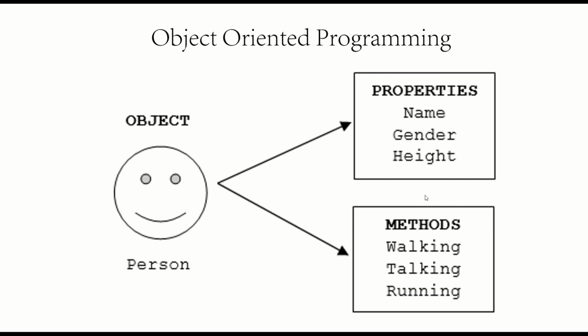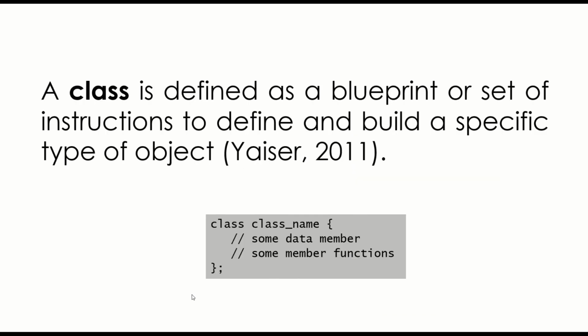We also have the methods, or what we call functions: a person can walk, can talk, and can run. These are the composition of a class. These are the data members, and these are the methods. In fact, a class is defined as a blueprint or set of instructions to define and build a specific type of object.